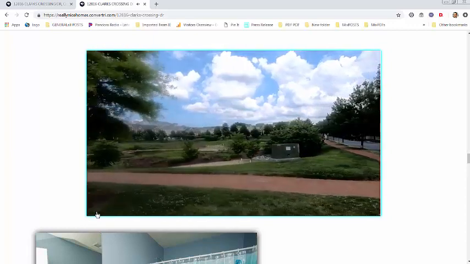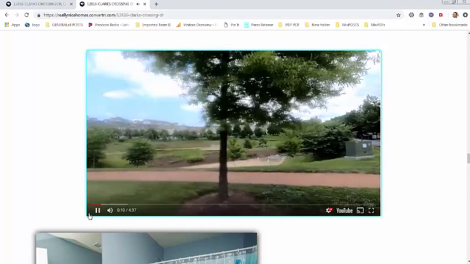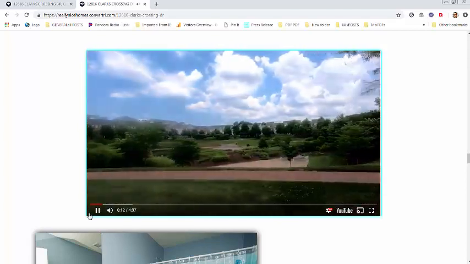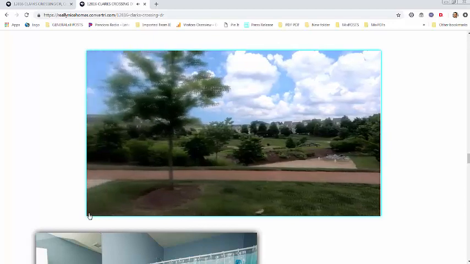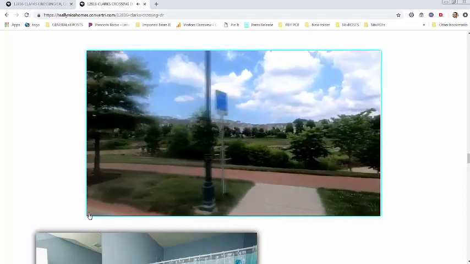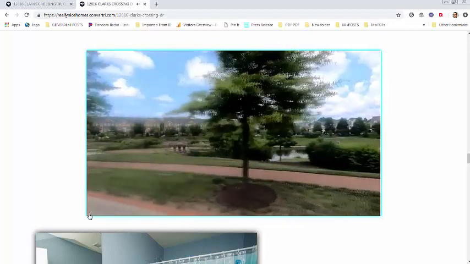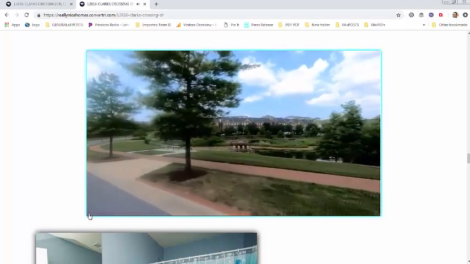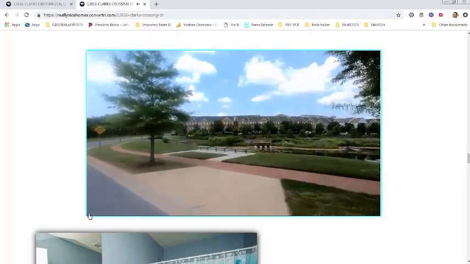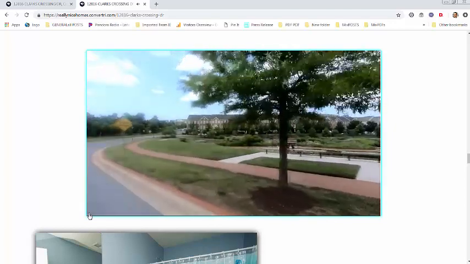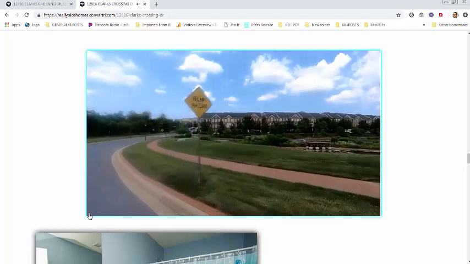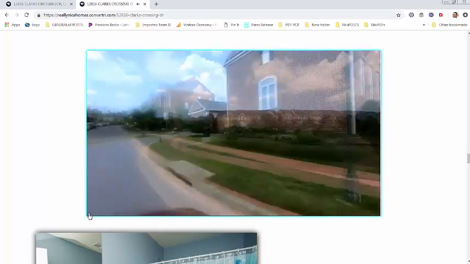Another thing that's very important about the video is to show the area, show the neighborhood, show the feeling. You're selling a lifestyle. You want people to imagine living here, and this is the drive towards the house. Very important that you must portray this feeling.